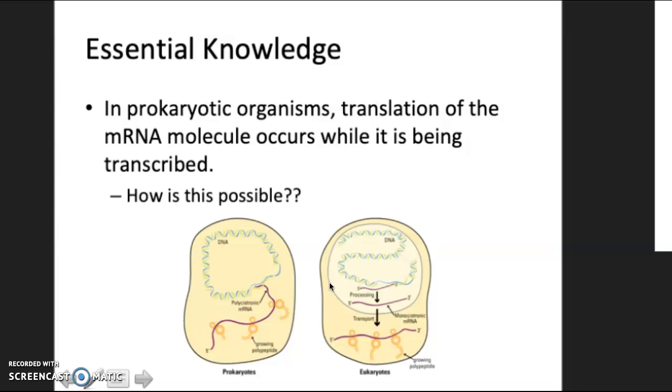And the answer is because in a eukaryote, we have a nucleus. Transcription happens in the nucleus. So we transcribe the entire gene onto a messenger RNA molecule.